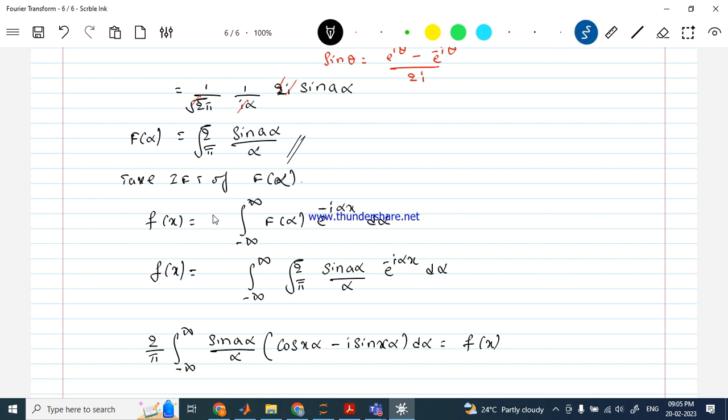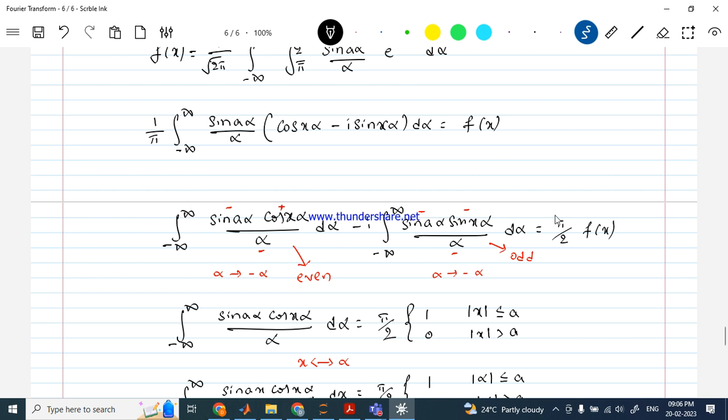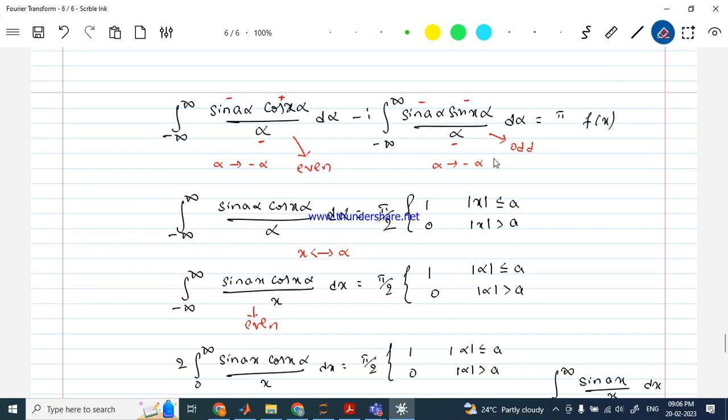It is 1 by root 2 pi, because we are finding the inverse Fourier transformation. So this root 2 and root 2 will get cancelled. Here it is not 1 by 2 pi, it should be just 1 by pi. So this just becomes pi for us, pi into f of x.